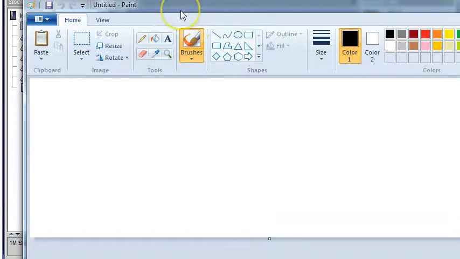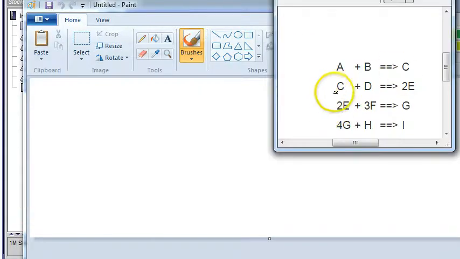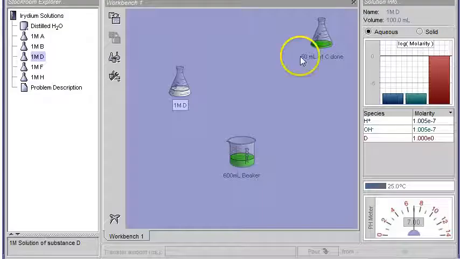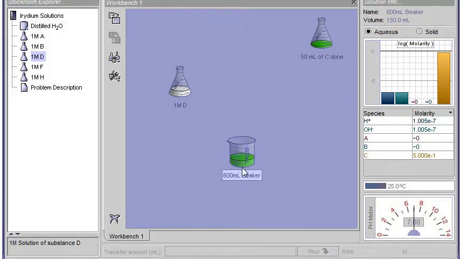Let's see. 1 C and 1 D make 2 E. So I need 1 C for every 1 D. Alright, so how much D have I got? Well, I've got 1 molar and 100 milliliters. And how much C have I got? 0.5 molar, 150 milliliters.